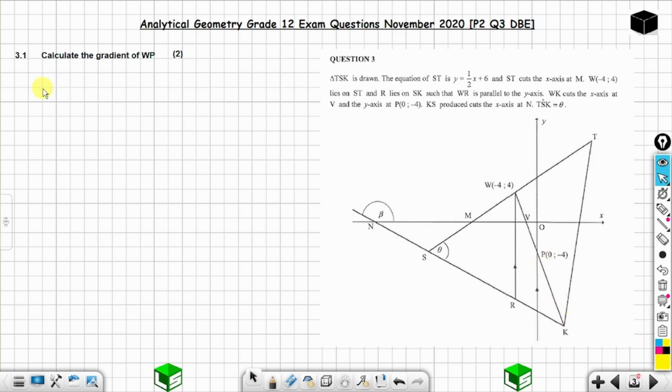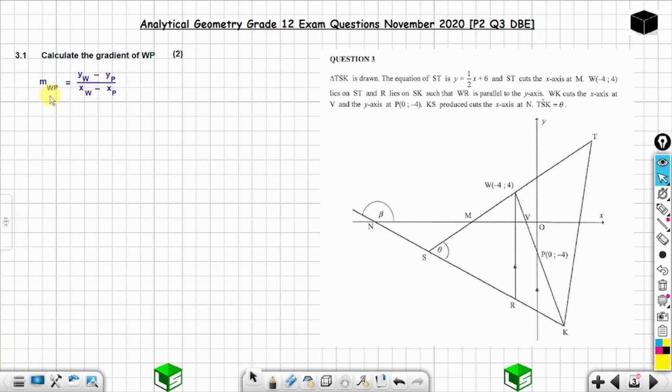So this is the equation to find the gradient. The gradient of the line WP is equal to change in the y over change in the x. You can have 1 and 2, or 2 and 1.